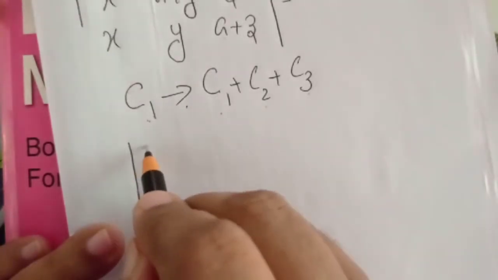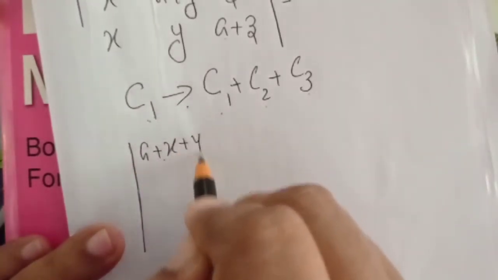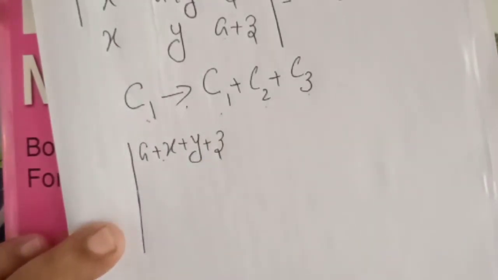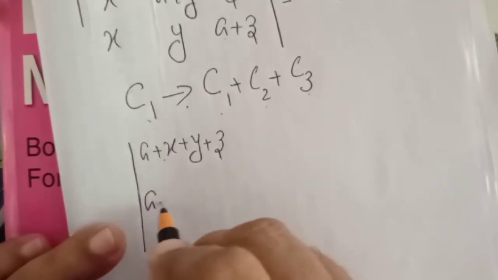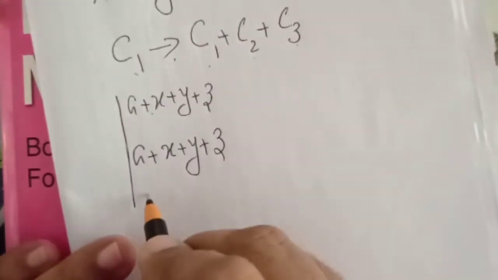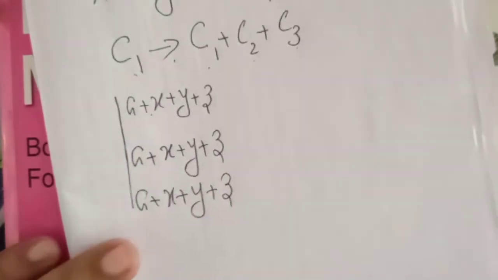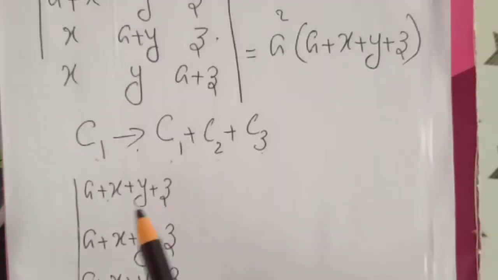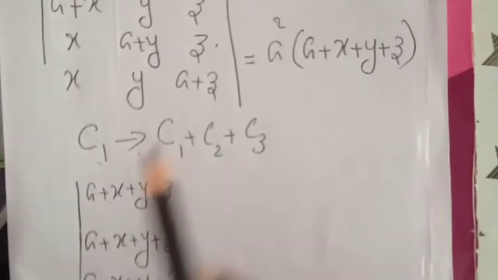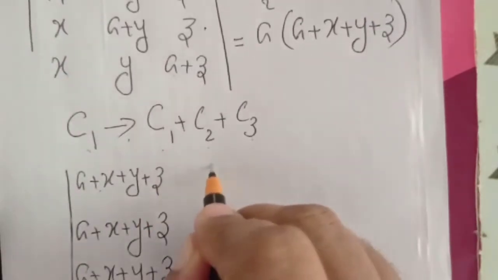Then when you add this, a plus x is the first element plus y in the second element and in the third, a plus x plus y plus z, and the same way the first a plus x plus y plus z, and the third element is also a plus x plus y plus z. Okay. Here only we change that C1, no change to C2 and C3, therefore copy that same.